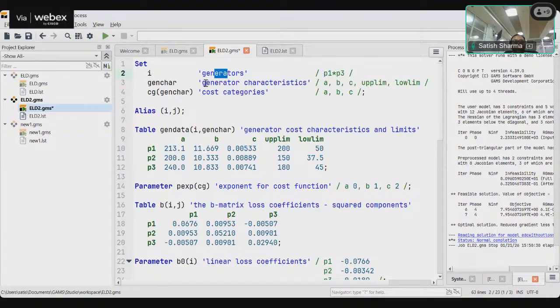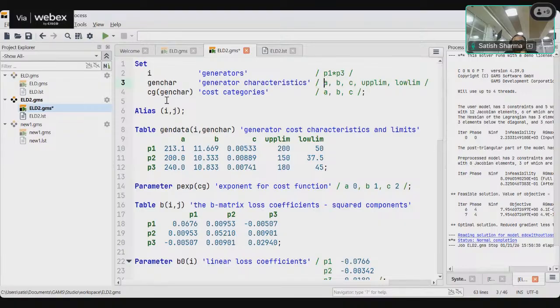Then some generator characteristics are needed. So this is the description. This is the set defined as generator characteristic, and these are the different members: coefficient A, coefficient B, coefficient C, upper limit and lower limit. So P max and P min are given here. These are the characteristics. Then one more attribute is defined, which is called cost categories.